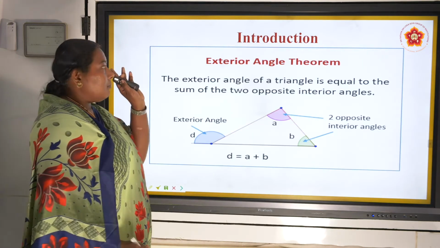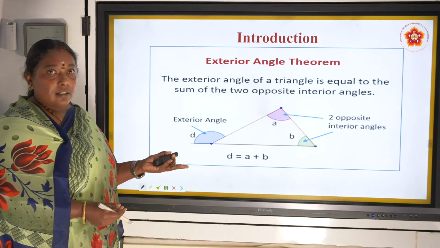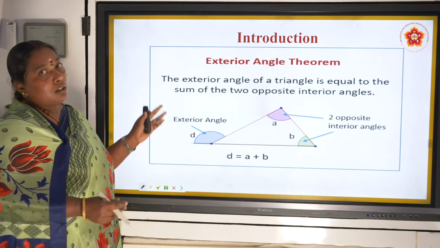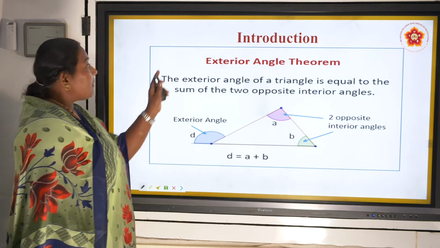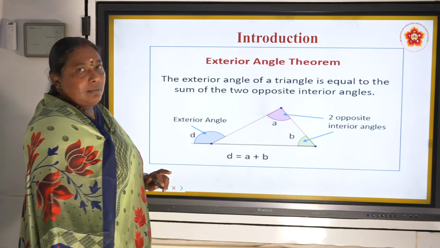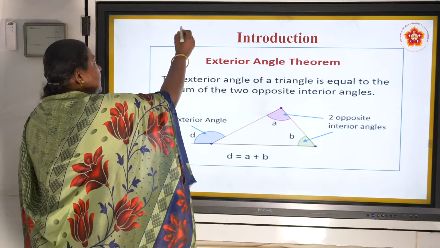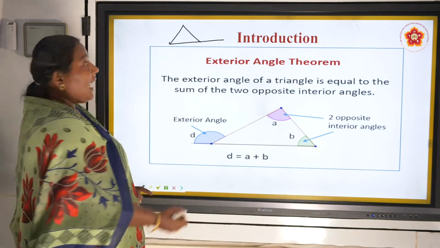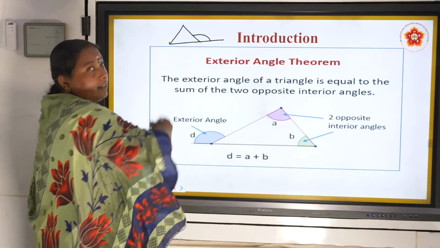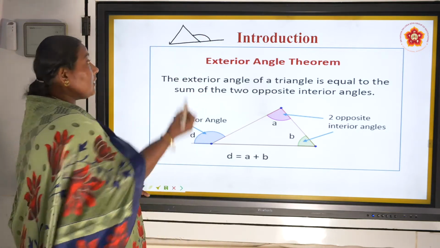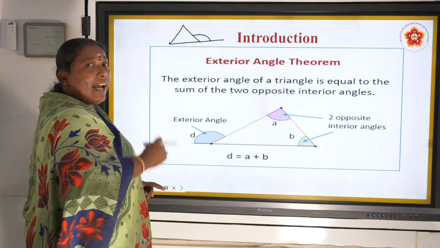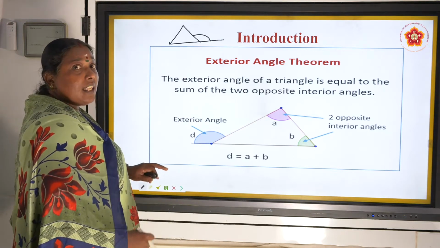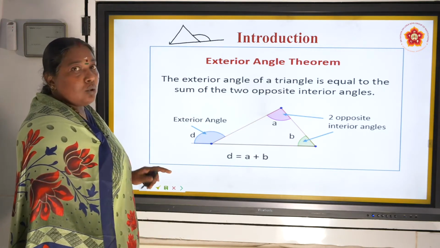So let us see the next. I think you have heard this, but it will be very helpful to solve problems in this session. Exterior angle theorem. What is meant by exterior angle theorem? If there is a triangle, if I extend one side, I will get one exterior angle, right? That exterior angle has a relation with the interior angles also. So what is that?